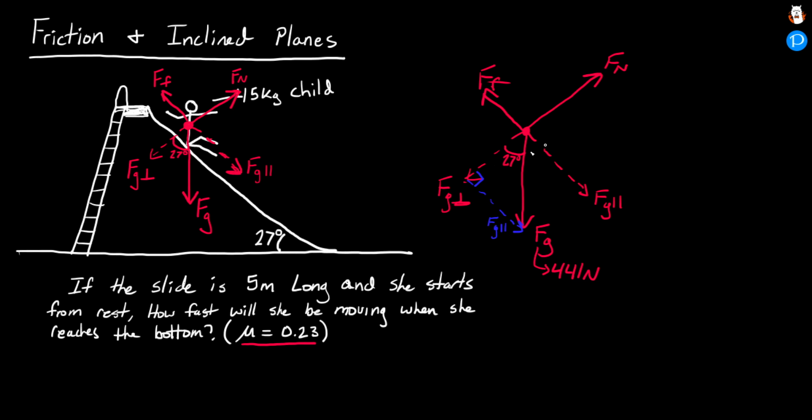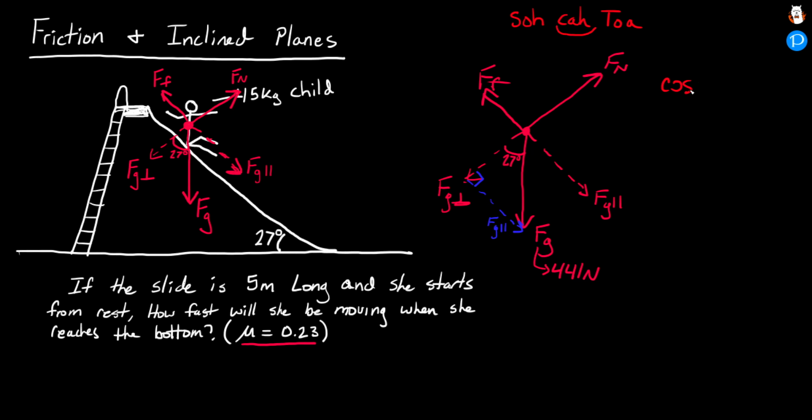Let's try and do the force of gravity perpendicular first. That's this side of the triangle. This is going to be my hypotenuse here, which is 441, and this is my angle, 27. So force of gravity perpendicular is going to be adjacent to this angle. So remember our SOHCAHTOA. If I'm looking at the adjacent side and the hypotenuse to that angle, that's going to be the cosine function.